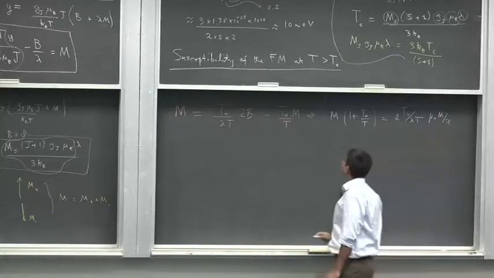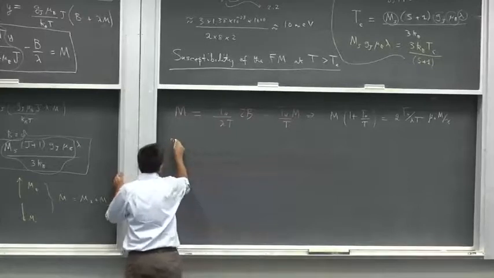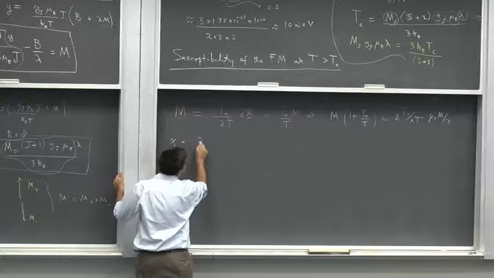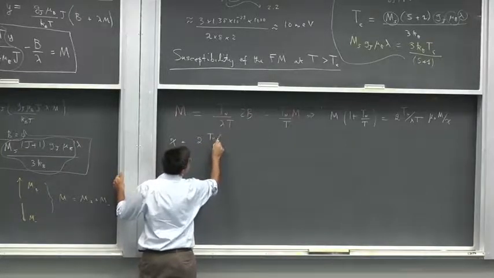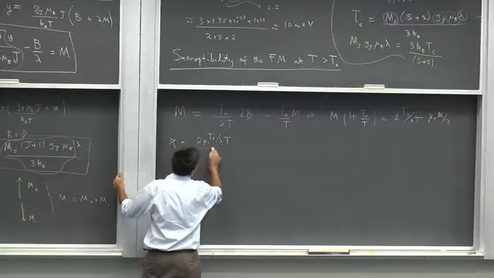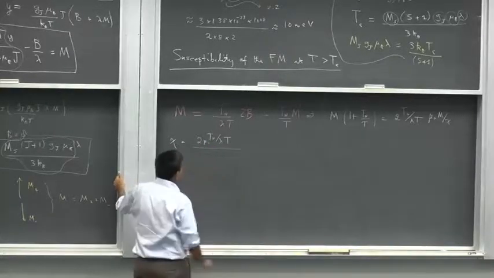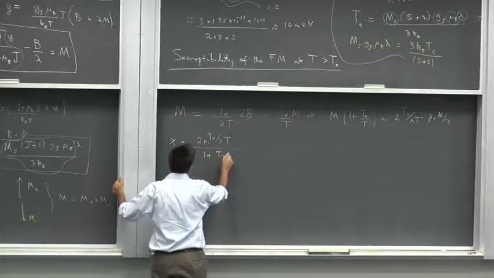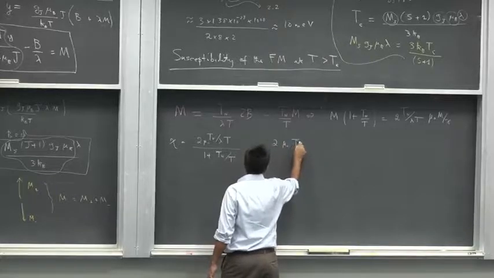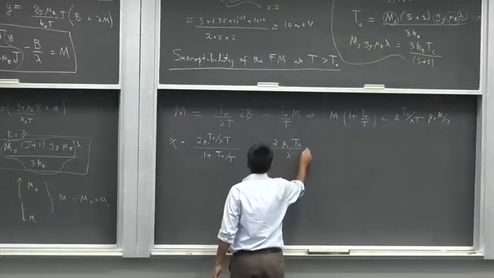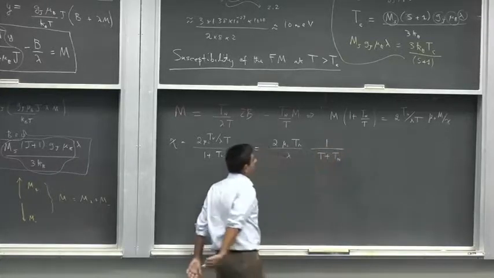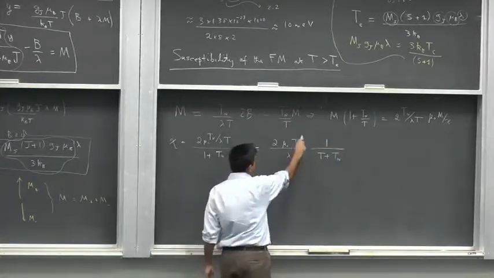Okay, this means my chi, my susceptibility for an antiferromagnet beyond the Neel point, is 2 mu naught Tn over lambda times T times 1 plus Tn over T. This is 2 mu naught Tn over lambda times T plus Tn. This once again is a constant.